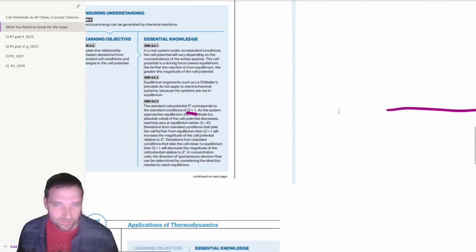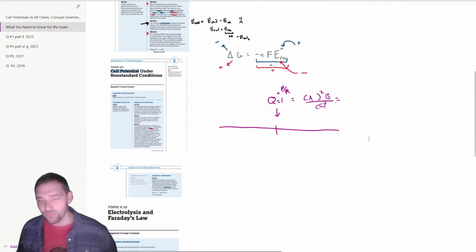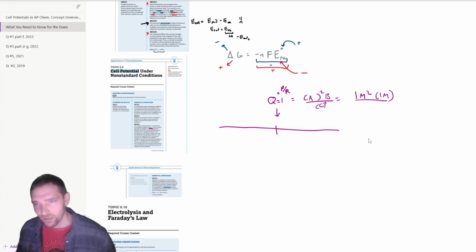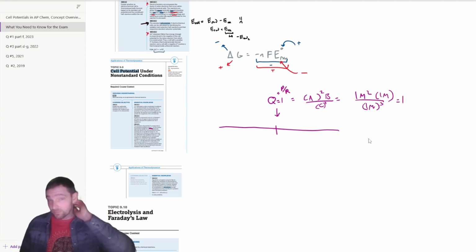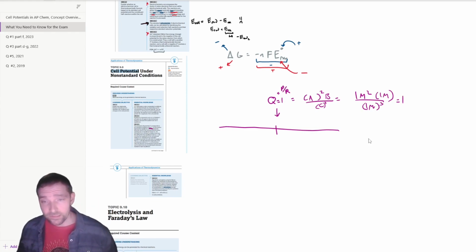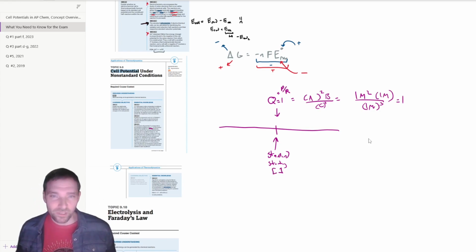Those exponents don't really matter when you've just got 1 molar up to the second power times 1 molar all over 1 molar up to the third power. That still gives you a Q value of 1. So this is the standard starting point. And it's assumed to be 1.